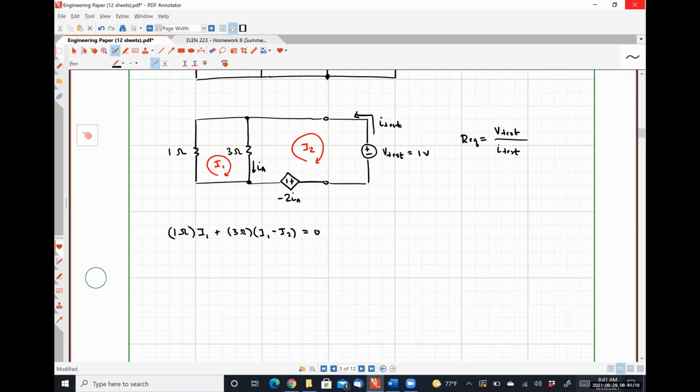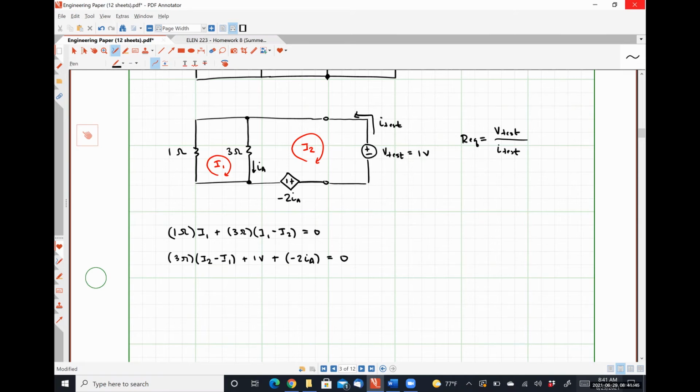Then going around mesh 2, I'm going to see 3 ohms times I2 minus I1 plus 1 volt plus negative 2 IA is equal to 0.